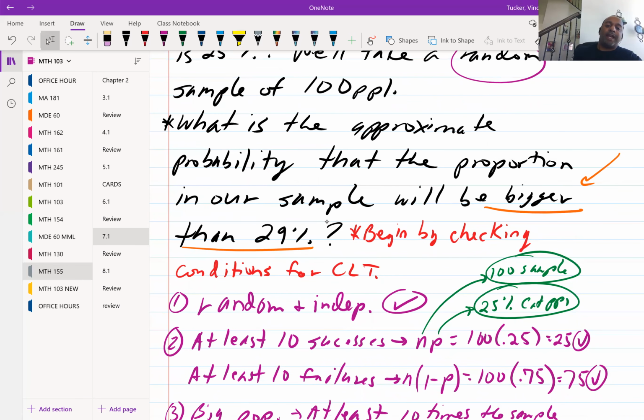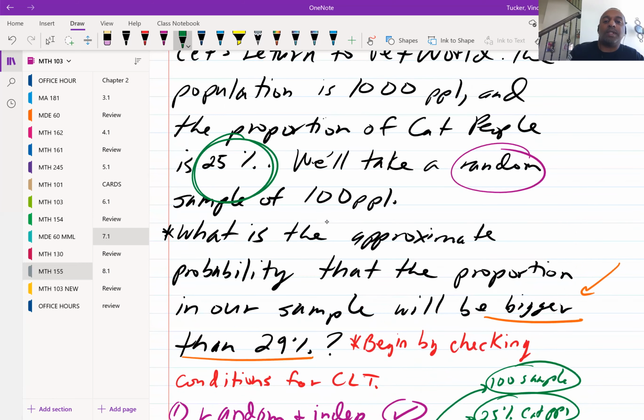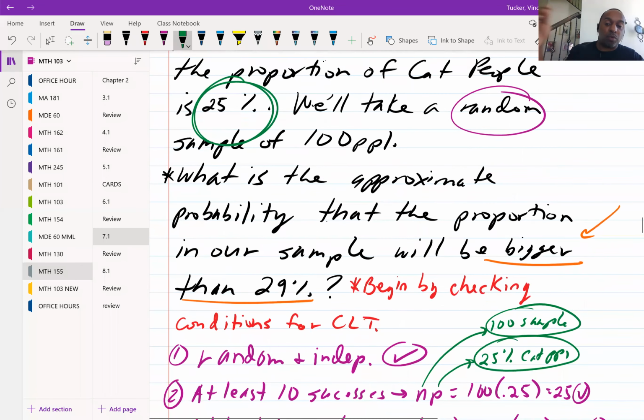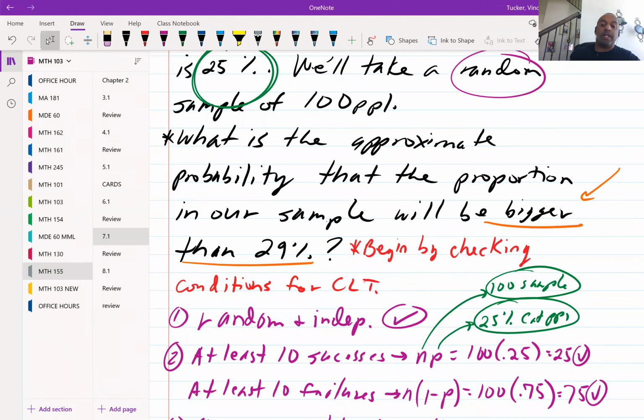Then number two, it says at least 10 successes and at least 10 failures. In order to figure out the successes, we take the population proportion, which is 25%. You go back to the problem, 25% cat people. So that's your population proportion. You multiply that times 100, which is our sample size, and it needs to be at least 10. Then we do the same thing for failures.